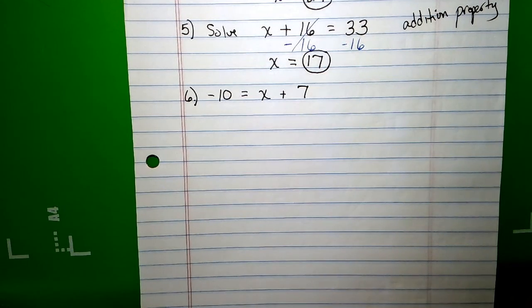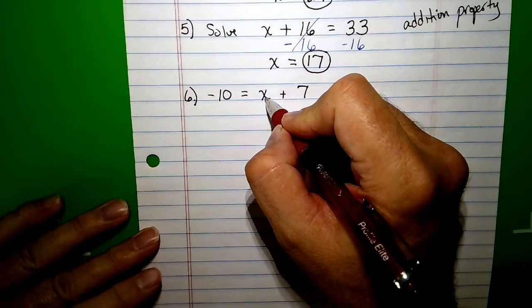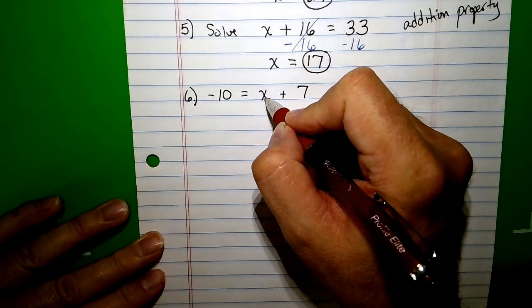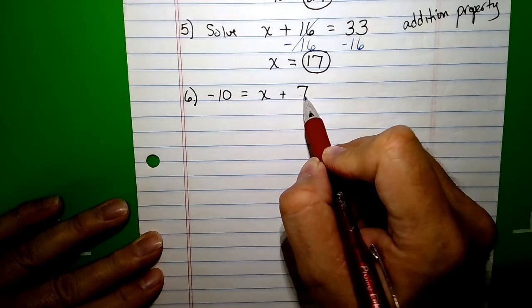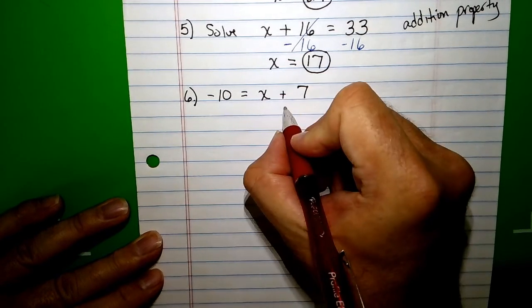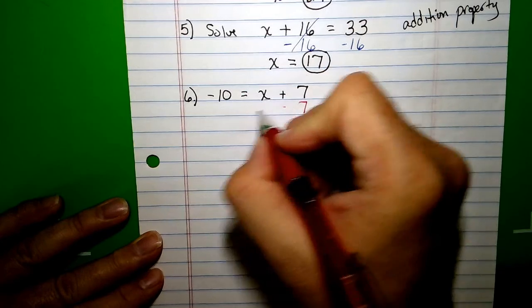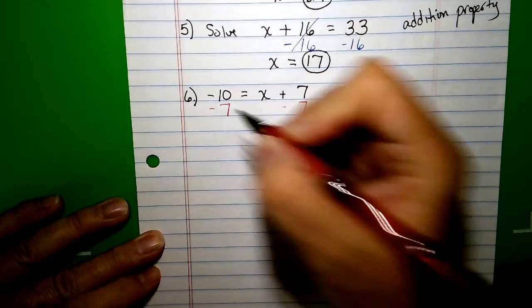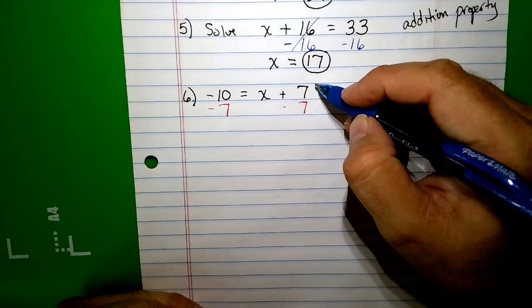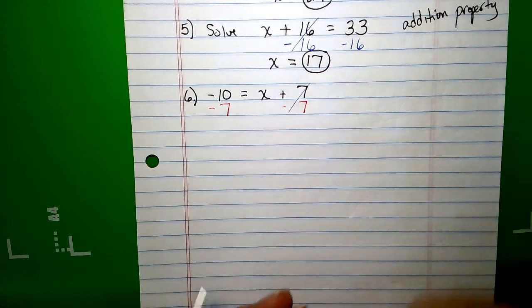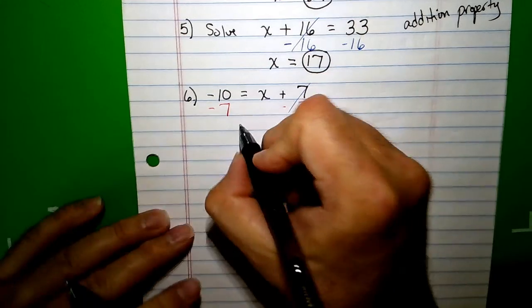Now, why am I saying this? Well, if I want to get this x by itself, that means I need to get rid of this plus 7. The opposite of adding 7 is subtracting 7. Now the 7 minus 7, those are gone, leaving just the x on the right.